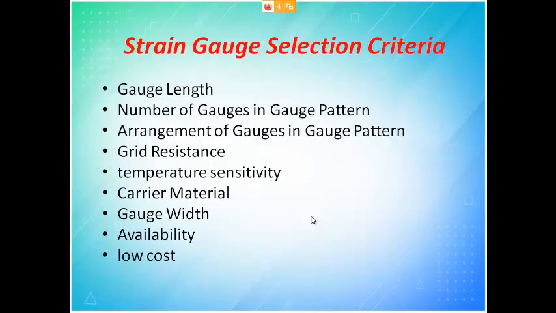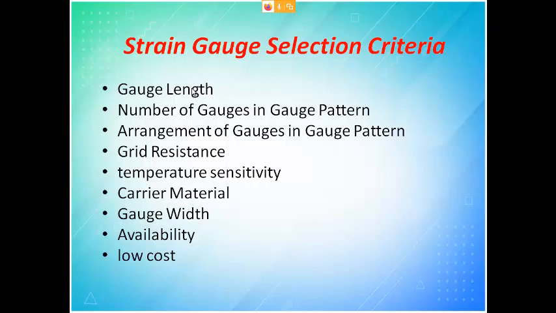Then on strain gauge selection criteria, this is nothing but the application need. First, gauge length. When you want to measure a change in force over a wide area, then you have to increase your length and the number of gauges. For a huge volume, I cannot measure with a single gauge, so I will place various gauges at various locations.